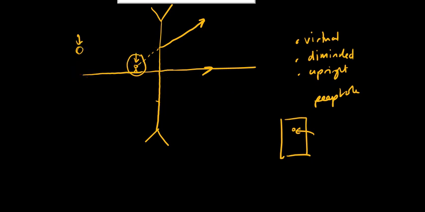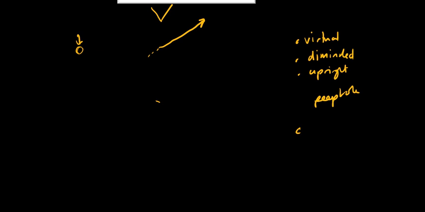Okay, so let's pause the video and see if we can have a go at putting this together, writing down from memory what we would have in this situation here.